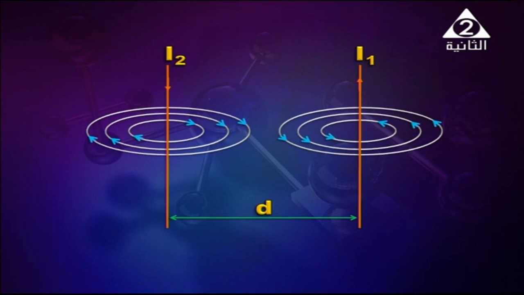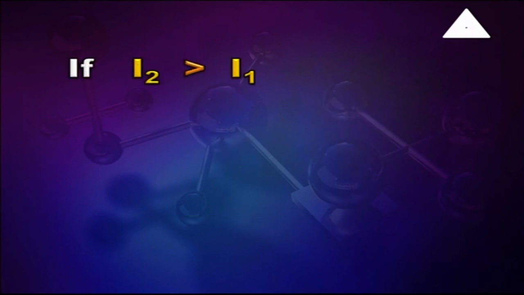Let d be the distance between the two wires. Let the neutral point be at distance x from the weaker current, I1. So it is at a distance d plus x from the other wire. Once again, I2 must be greater than I1 because we located the neutral point closer to I1.